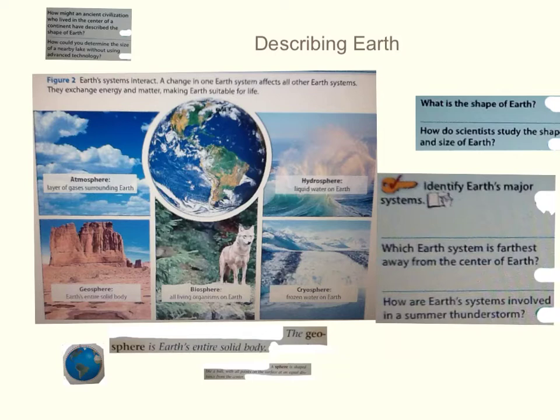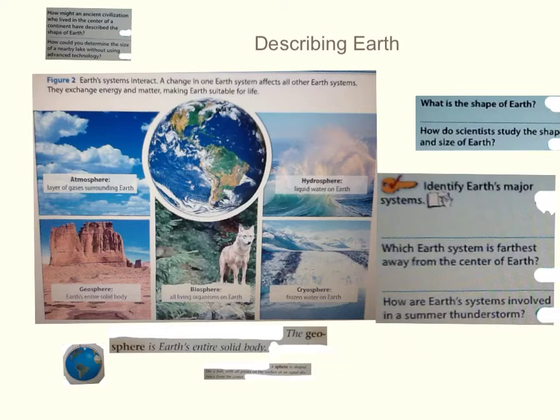I also want you to answer the next one, which is, which Earth system is farthest away from the center of Earth? And the last question I want you to answer would be, how are Earth systems involved in a summer thunderstorm? Okay?